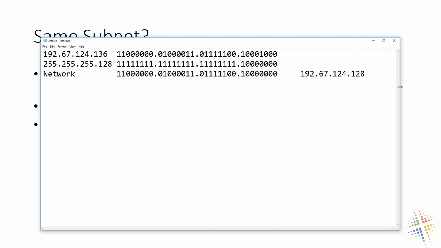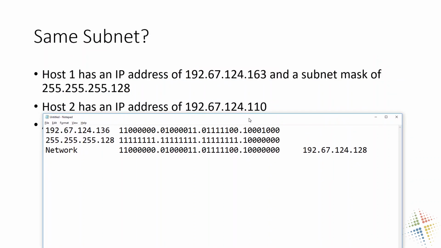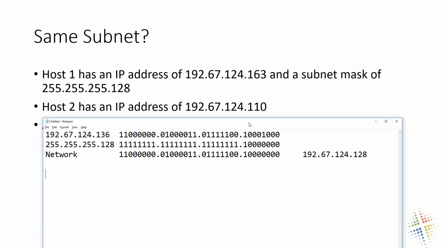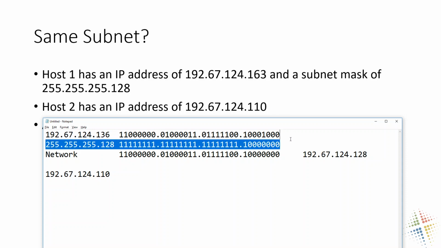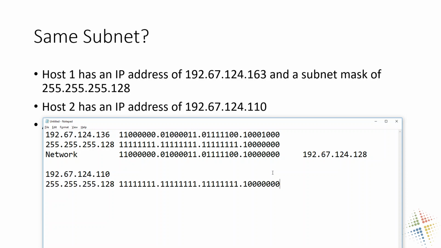So I repeat the process for host number 2. Let's see, host number 2, 192.67.124.110. And in this case, I use the same subnet mask, so I'm just going to copy this right here and paste it in.